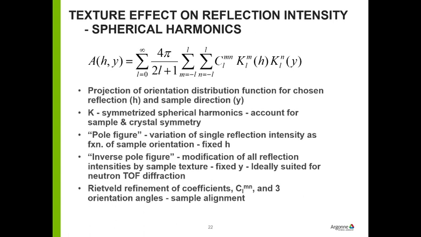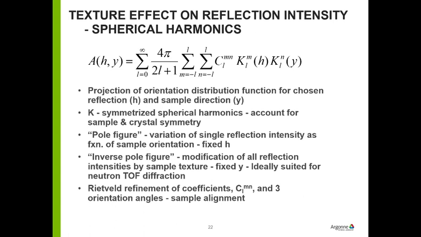That one, let's see, H, depends on the crystal structure. This one depends on the sample. I got it confused. And so the coefficients, which are multipliers on these terms, are limited either by the symmetry of the sample or by the symmetry of the crystal structure.